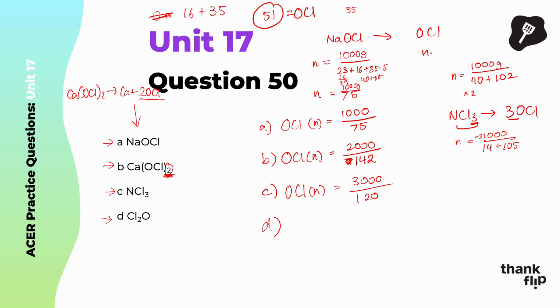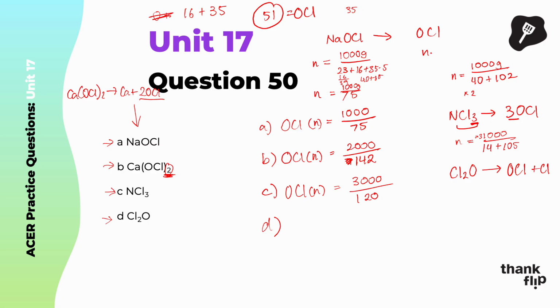And then finally, we have the last equation here, and this one's a bit trickier. So we have Cl2O. And then again, we're just going to assume what this is going to look like. So we're going to assume that this is going to look like OCl plus Cl.